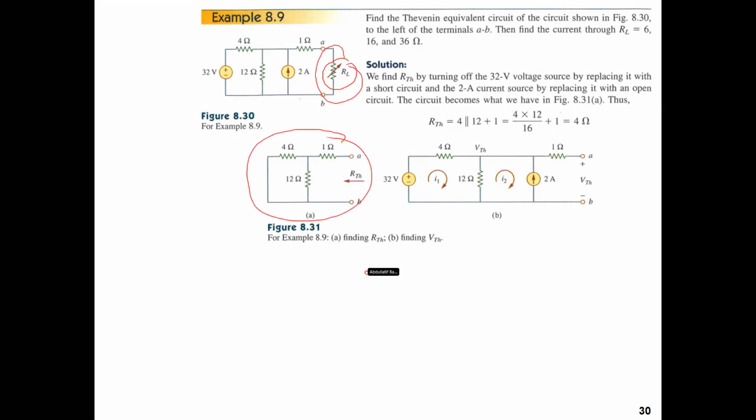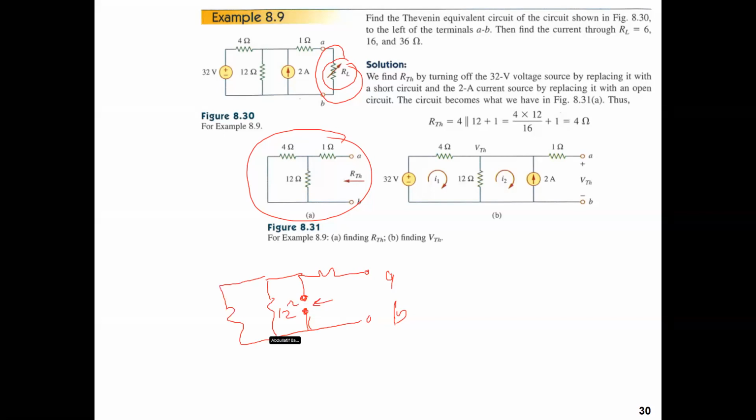So again, here's AB. I have to remove the RL. I'm going to put two dots here to indicate this is the place of the current source, but it's an open. And then we have the 12, and we have the 4.